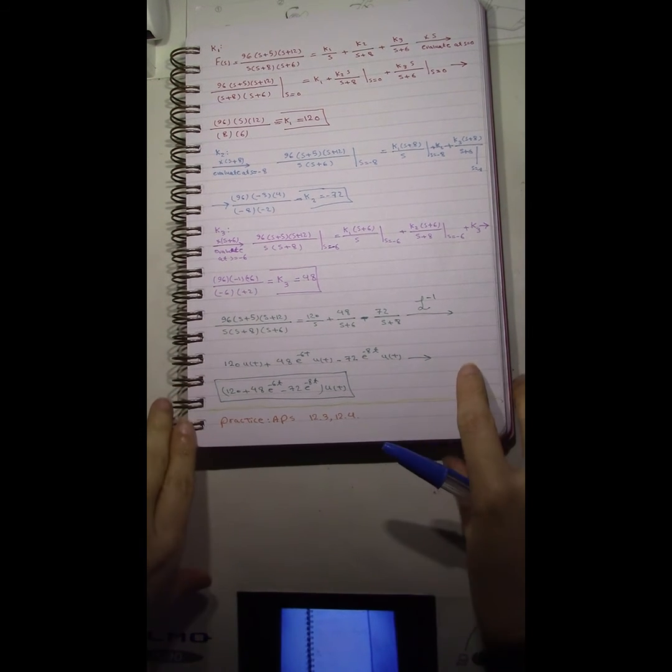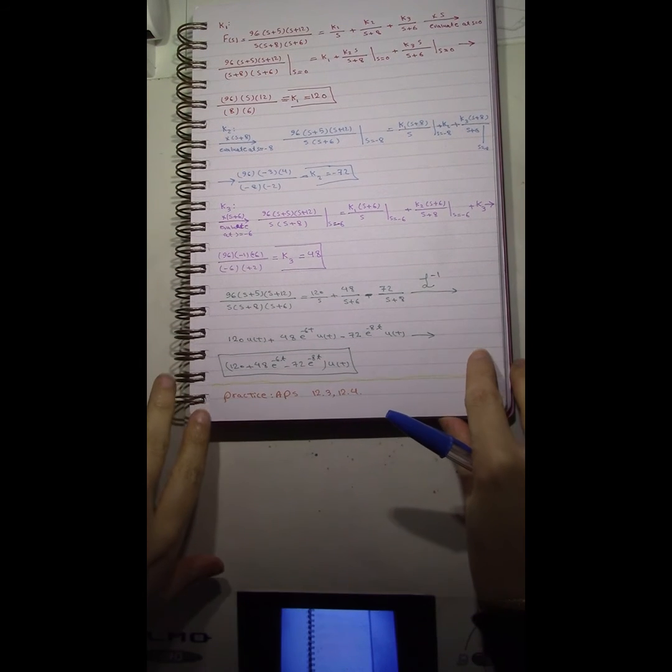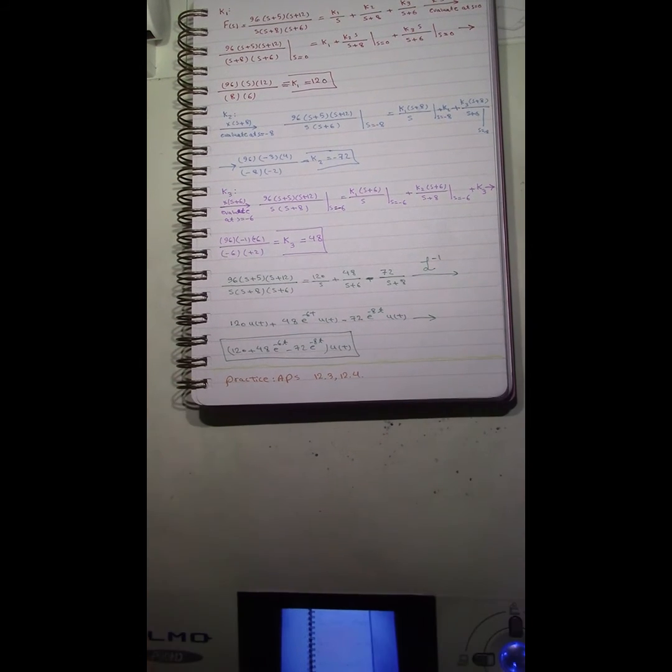So how about K3? Multiply both sides of the equation by what? S plus 6 and evaluate it at minus 6. Yes.